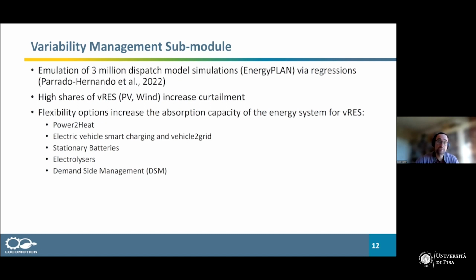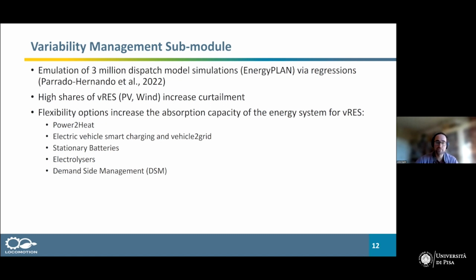Then one very important factor is the electric vehicle fleet and the fraction of this electric vehicle fleet that is available for vehicle to grid or for smart charging, meaning that you allow some flexibility to charge your car when you have a renewable generation surplus, for example.